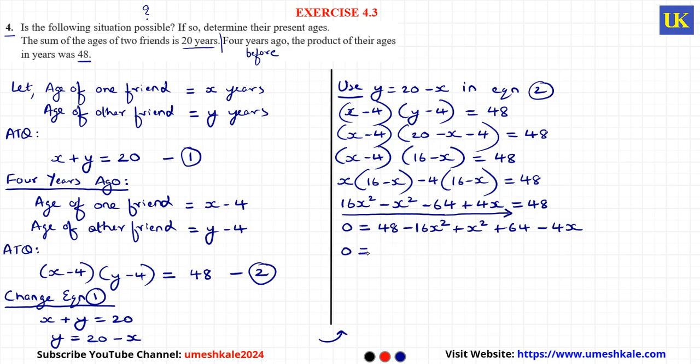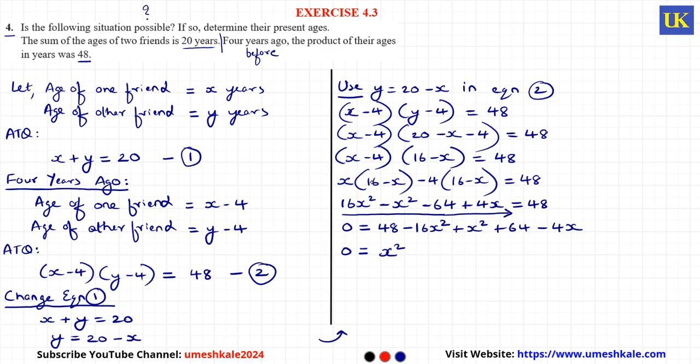So 0 is equal to, I will write x square plus x square. Here I have made a small mistake.